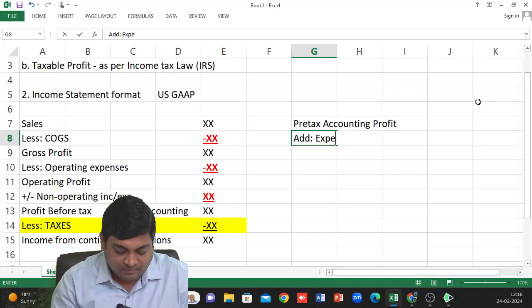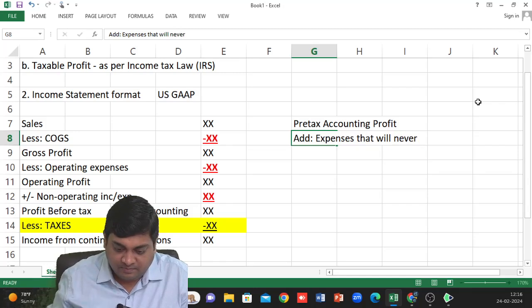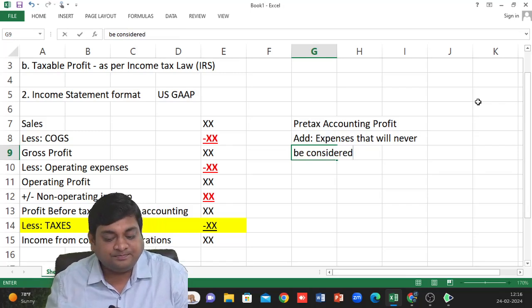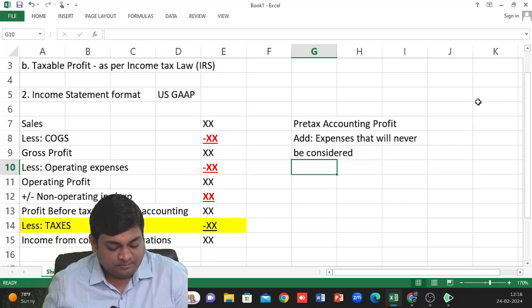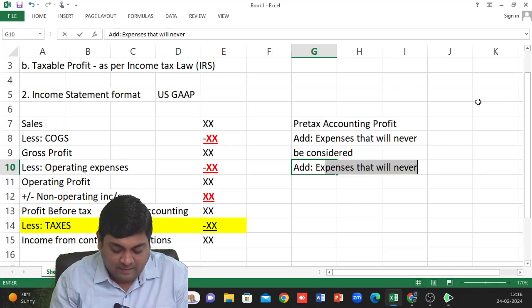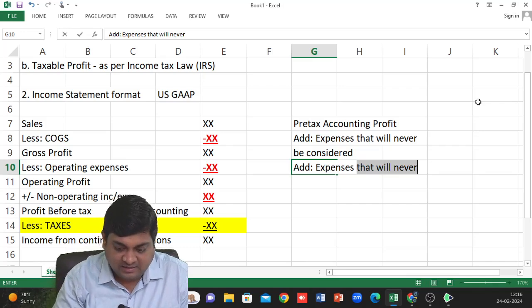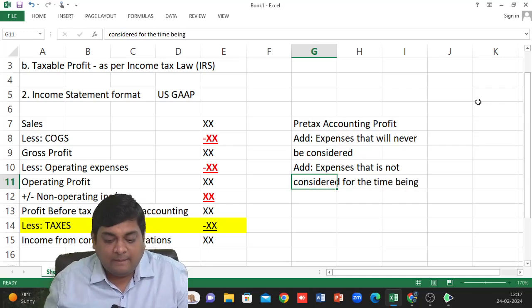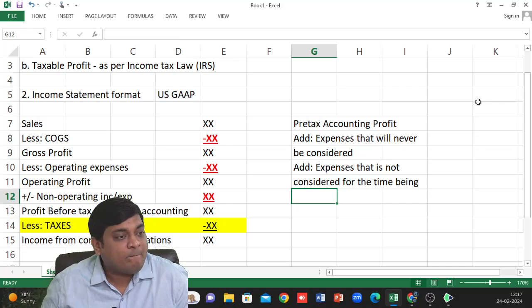Add expenses that will never be considered. Add expenses that are not considered for the time being. Right?